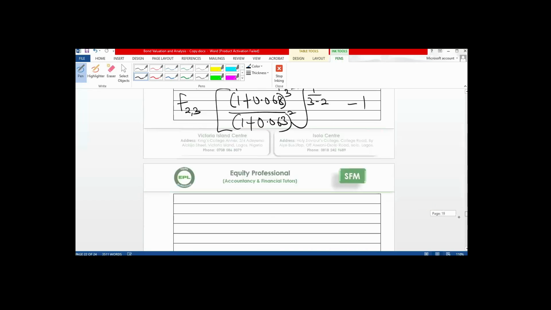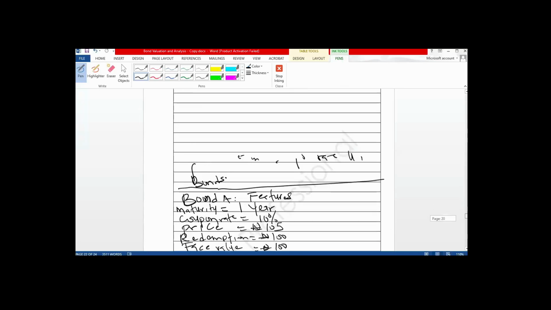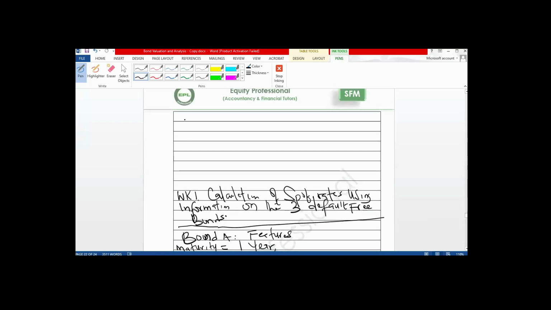Next. My F2 to 3 is equal to bracket 1.068 raised to power 3 over 1.063 raised to power 2, close, 1 over 1 minus 1. F2 to 3 will give you 0.0807 thereabout.